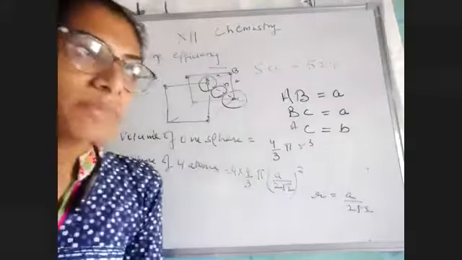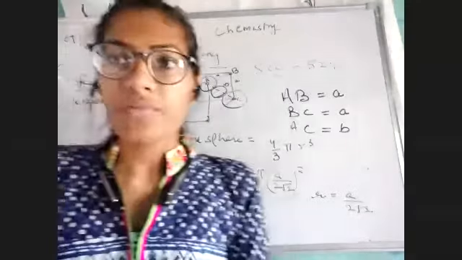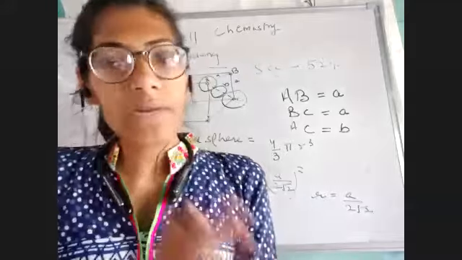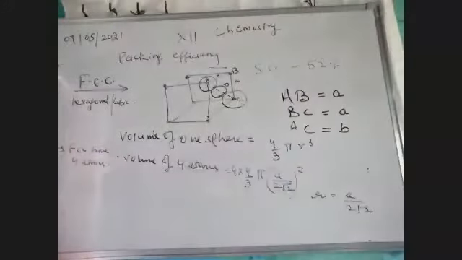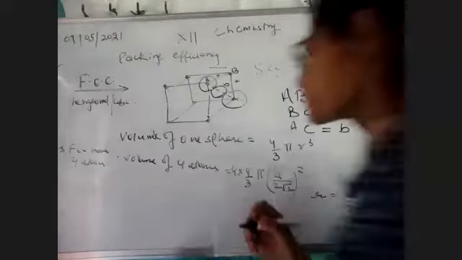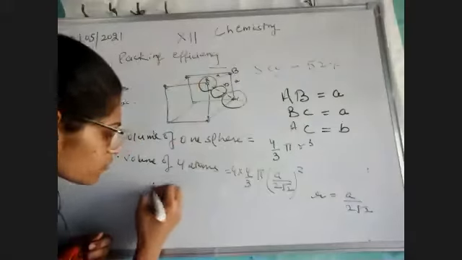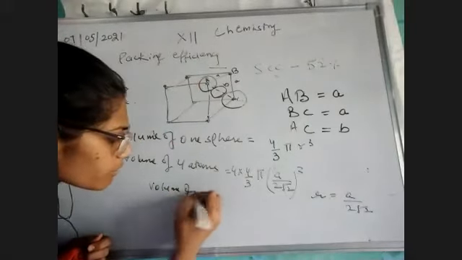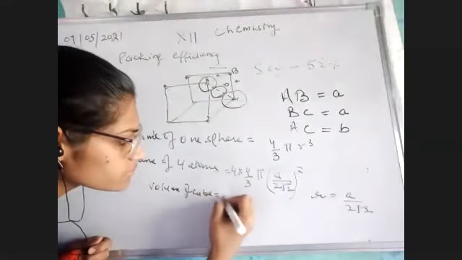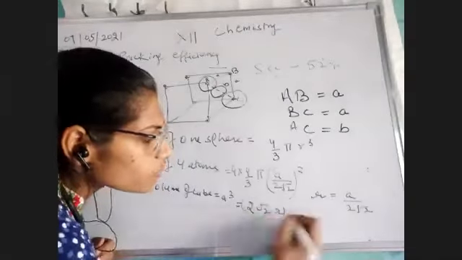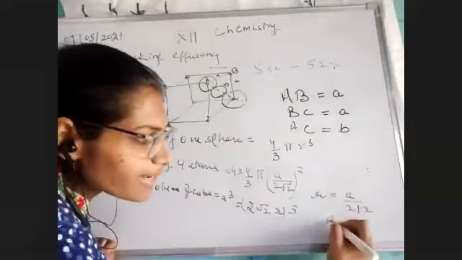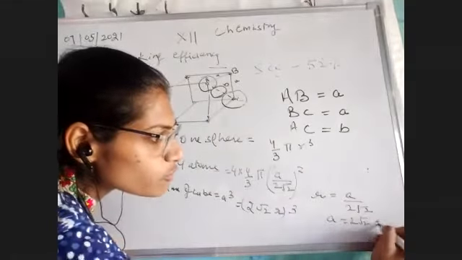The volume of a cube is side multiplied by side multiplied by side, that is a cube. After putting in the value, we would get the volume of the cube equal to 2 under root 2 r cube. Yes, we can say a equals 2 under root 2 r.